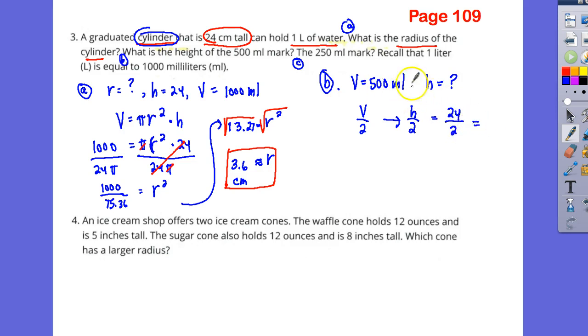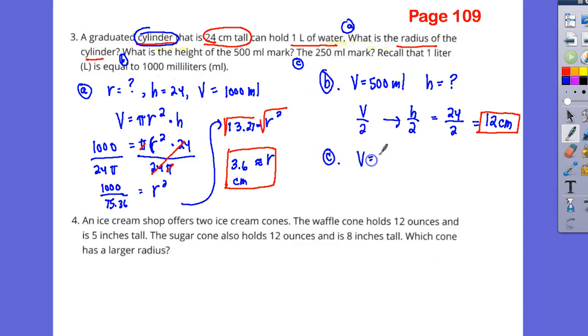So the new height, when the volume is 500 ml, would be 12 centimeters. You don't have to solve using the volume formula because you know the relationship between the height and the volume.